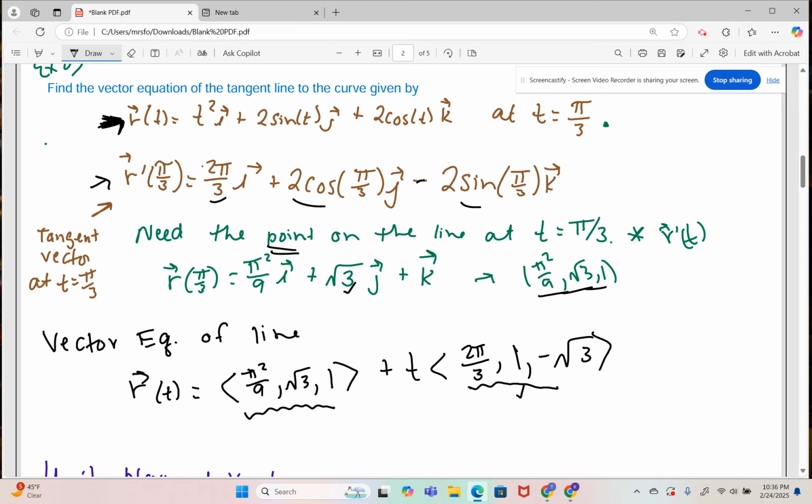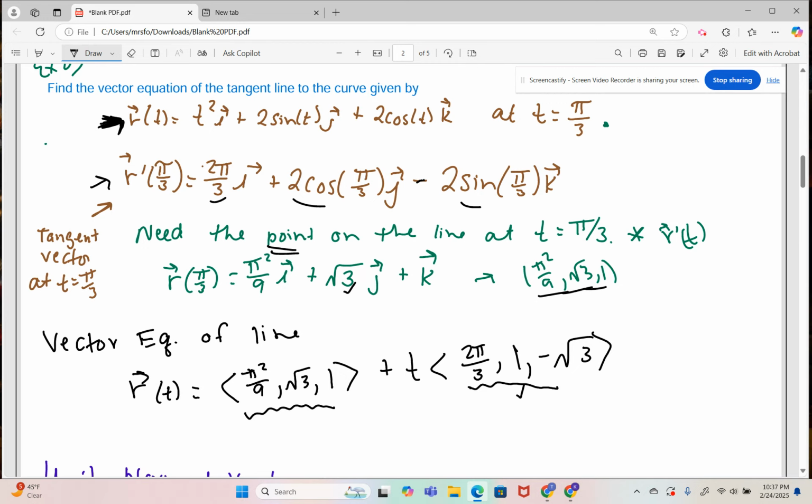The vector r of t is much like y in normal functions. With normal functions, y is a generic letter we use to represent functions. We always say y is the same as f of x, back when you were probably learning algebra, even before that. So the vector r of t tends to be used in the same way with vectors.